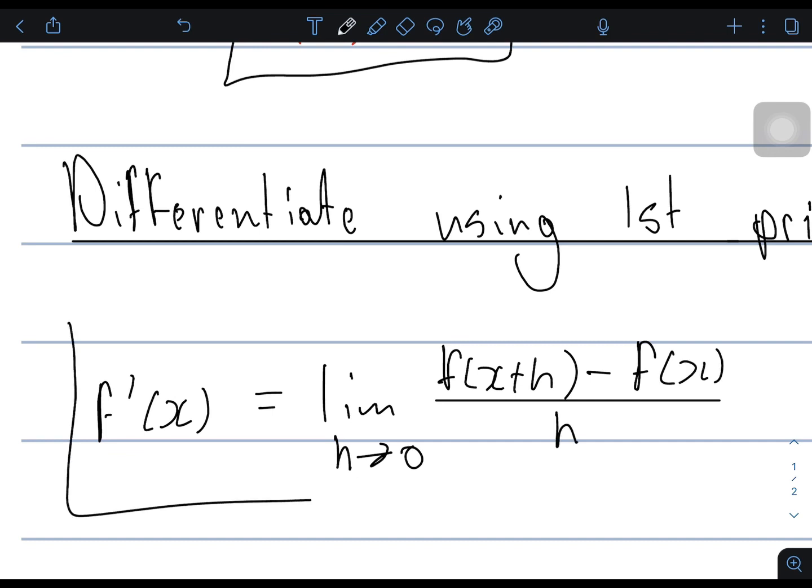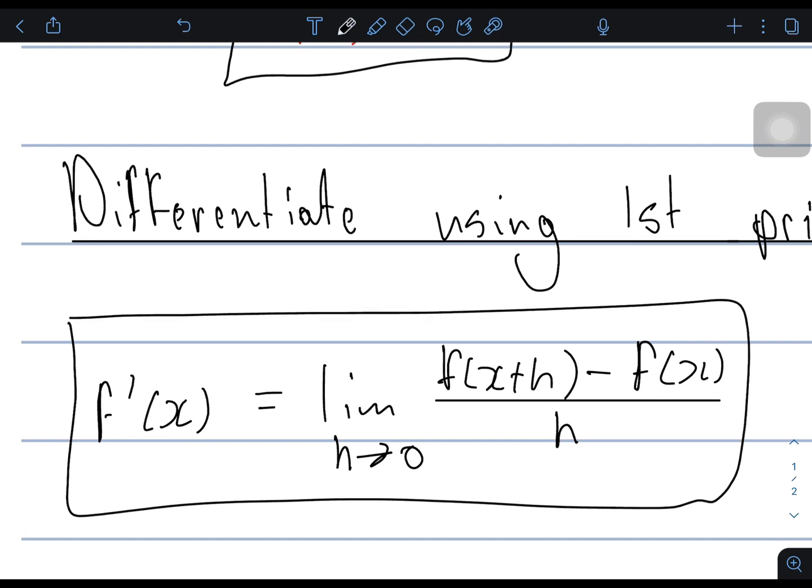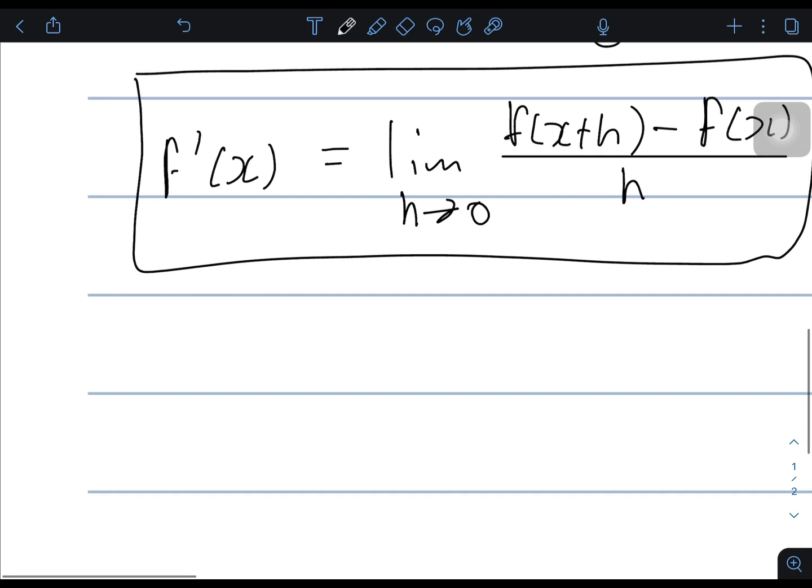This is the formula we use when asked to differentiate using first principle. So the first thing is to differentiate using this principle.